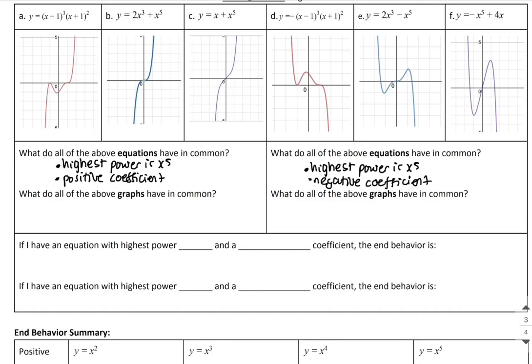As I look at the end behavior for A, B, and C, as I go to the left, I'm going down. As I go to the right, I'm going up. Left down, right up. So it's different on both sides. Different end behavior.